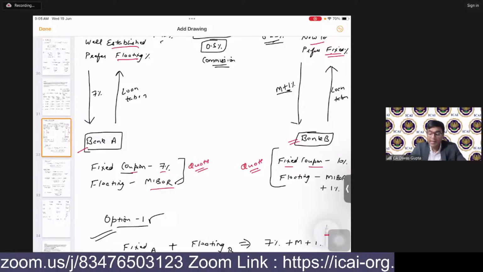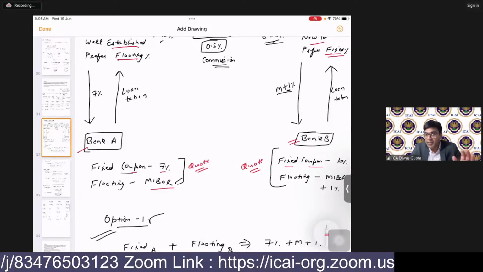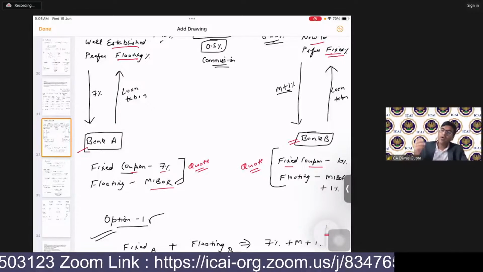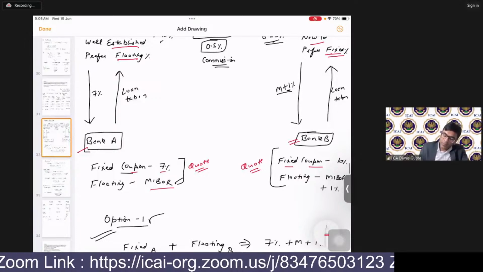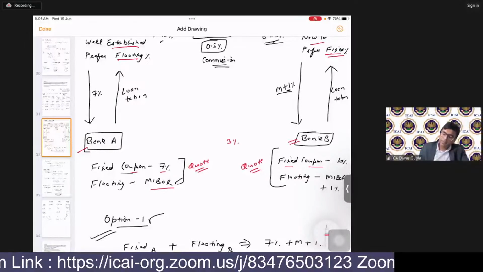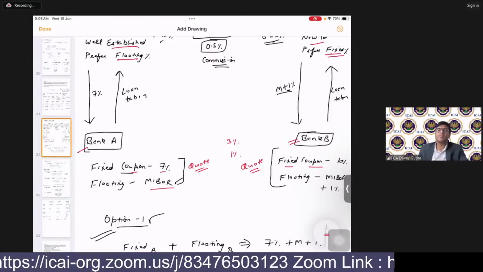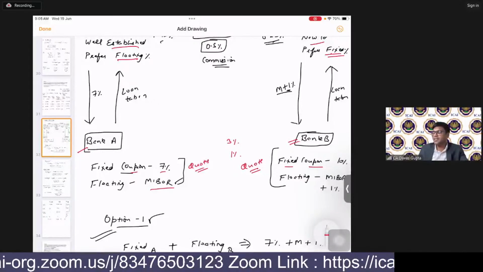If you see, Bank B's and Bank A's quotes to Company B and Company A respectively are different. What will be the reason, students? Can you tell me? In fixed coupon, there is a difference of 3%. In floating coupon, there is a difference of 1%. Here it is MIBOR, here it is MIBOR plus 1%. Very good, Abrikesh. Abrikesh has responded.